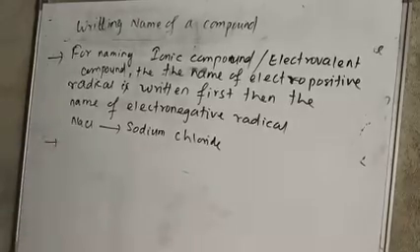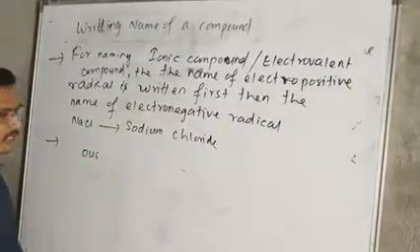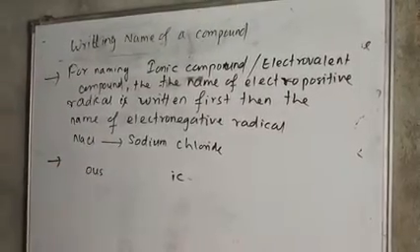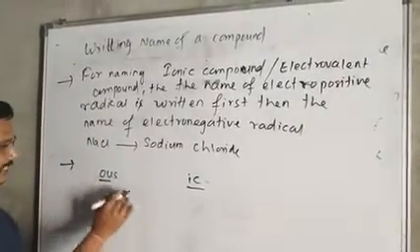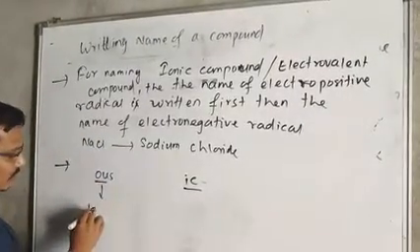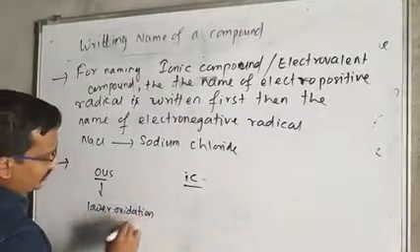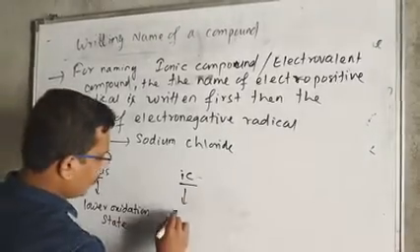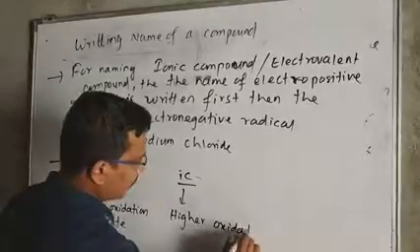Generally, we can think about two types of suffix: one is OUS and another is IC. This is point number 3. OUS corresponds to the lower oxidation state, and IC corresponds to the higher oxidation state.